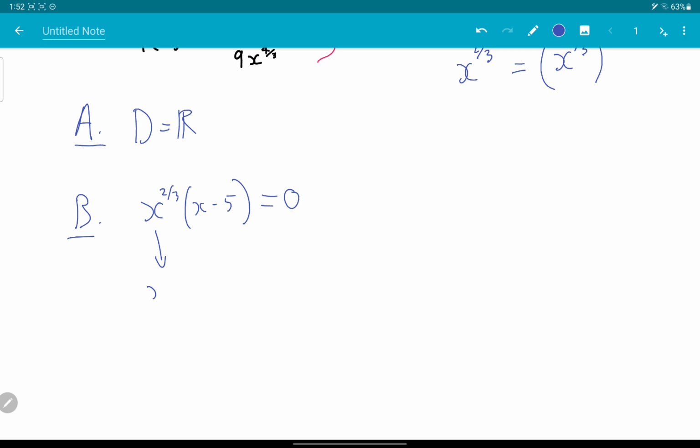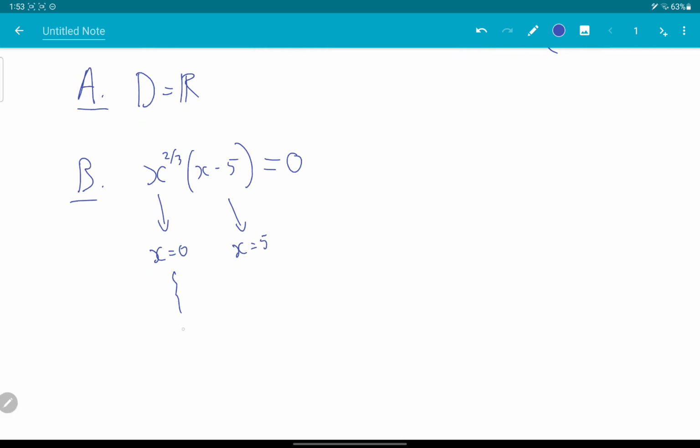And from here we get x is 0. And from the bracket we get x is 5. So that yields the point 0, 0. And this one yields the point 5, 0.